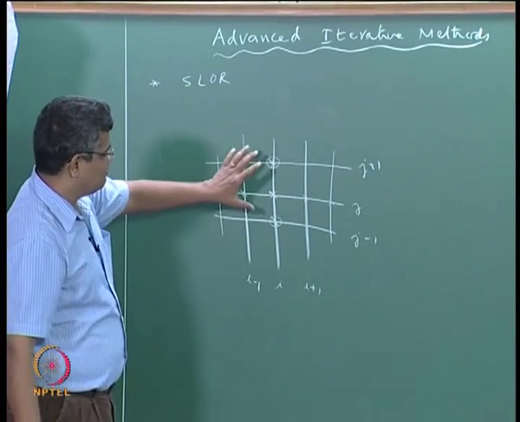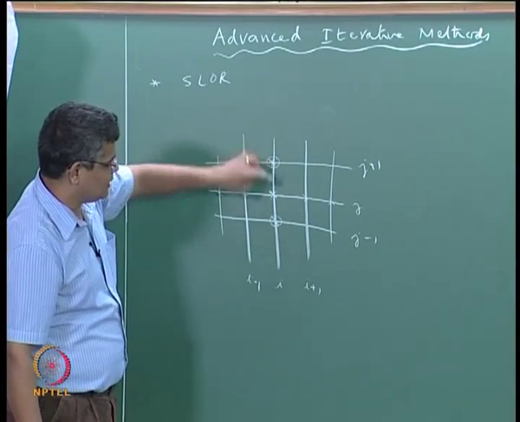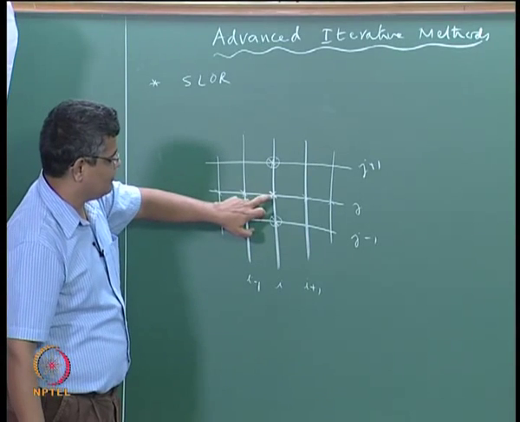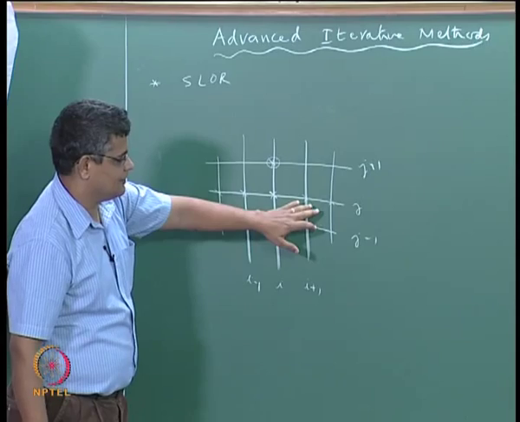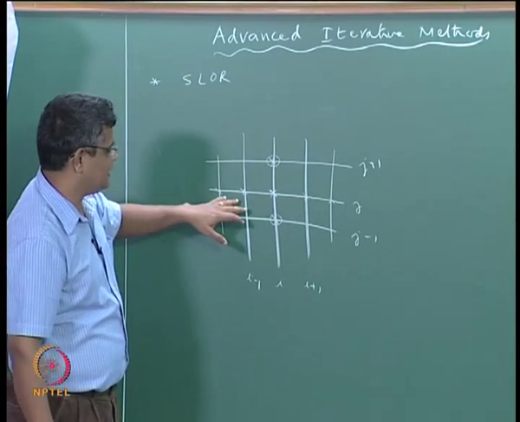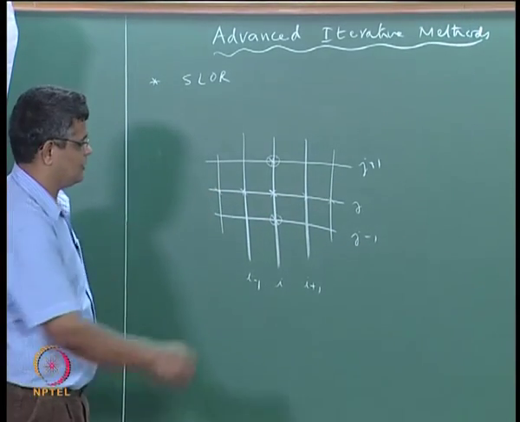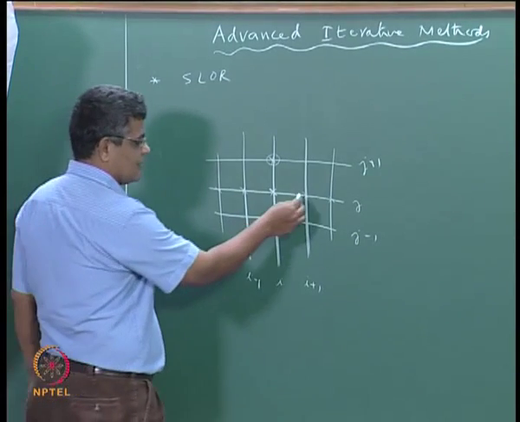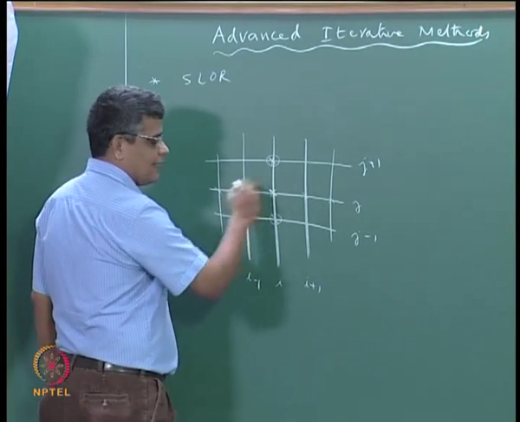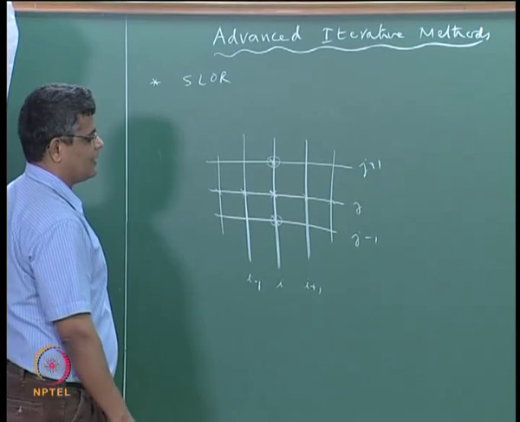So once I assume this value and this value, then the value at the center is given in terms of the west point and east point, or the right neighbor and the left neighbor, and so that gives me a tridiagonal equation, a tridiagonal matrix.